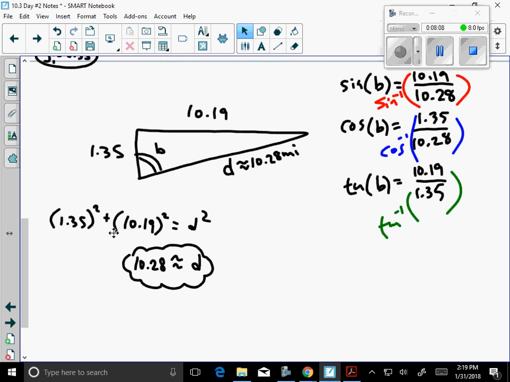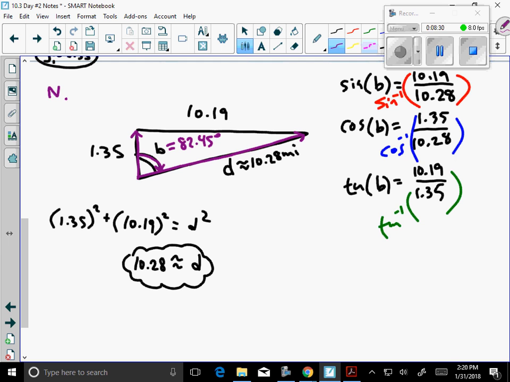Do you get 82.45 degrees-ish? Okay, cool. So our angle here, I think I did it in purple originally. If this is 82.45 degrees, how would I write that as a bearing? Facing what direction? How many degrees do I turn what direction?